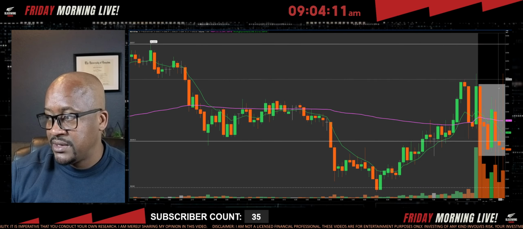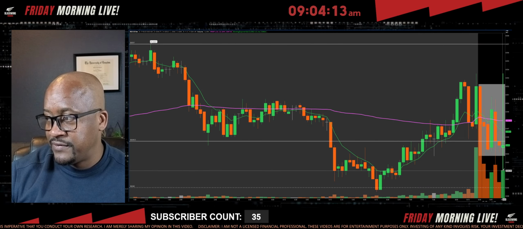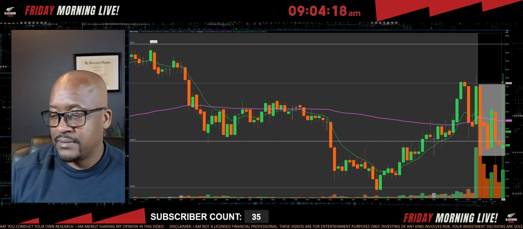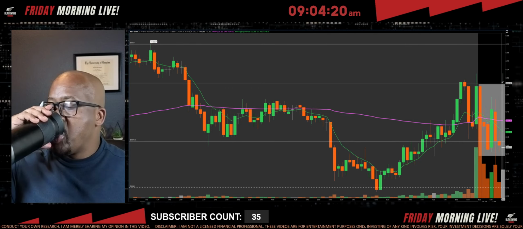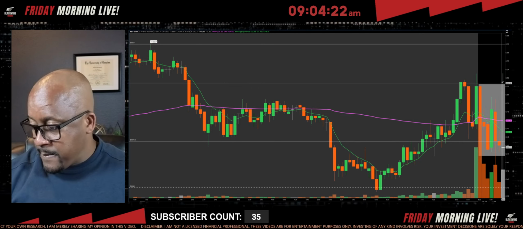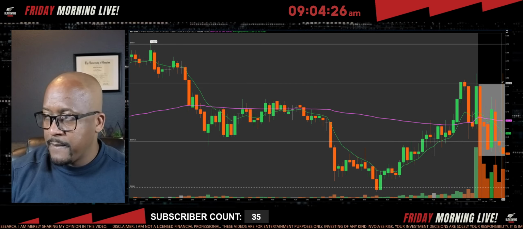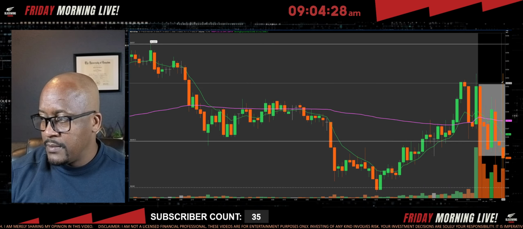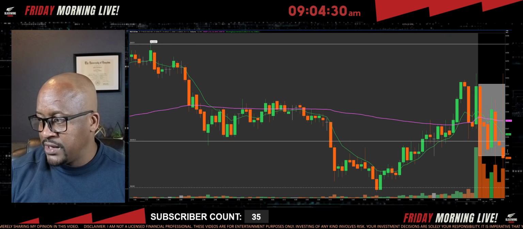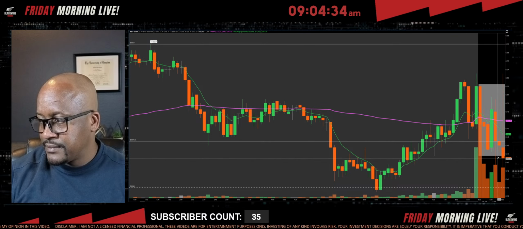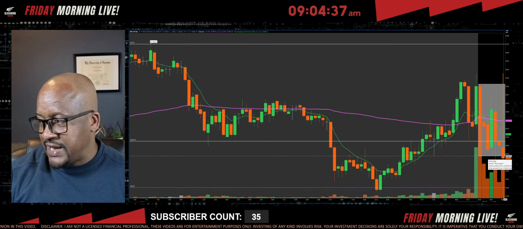That's a 10-point move up and down that quickly. Okay, it looked like it's breaking on the bottom side of that, coming outside the range.